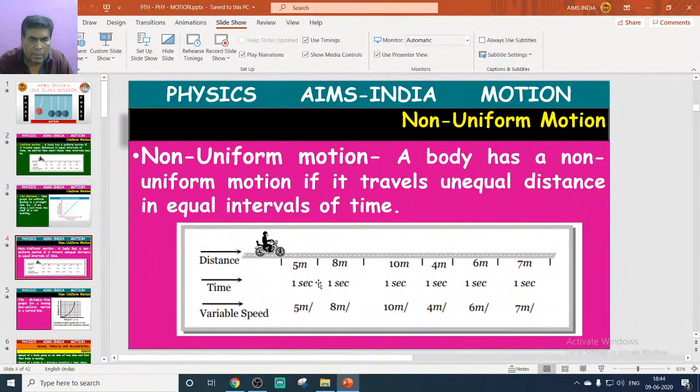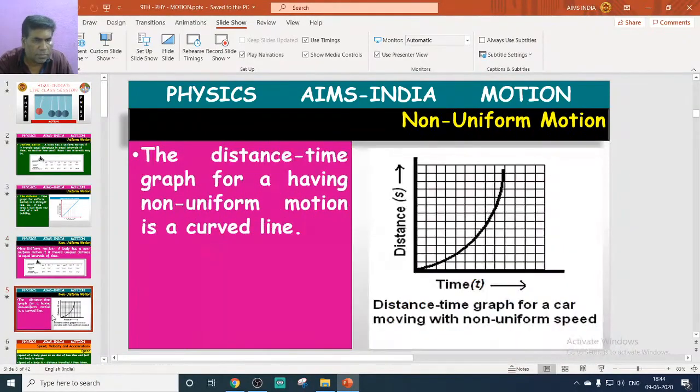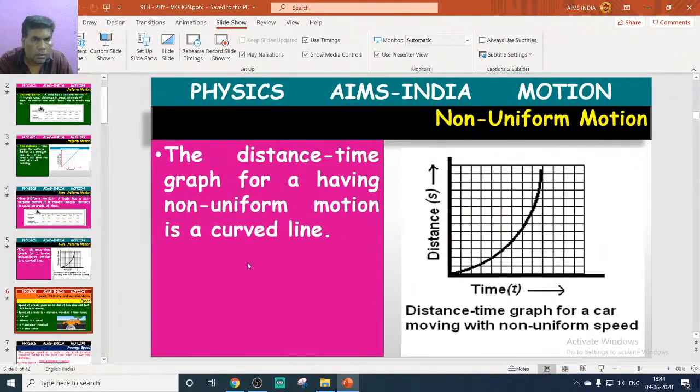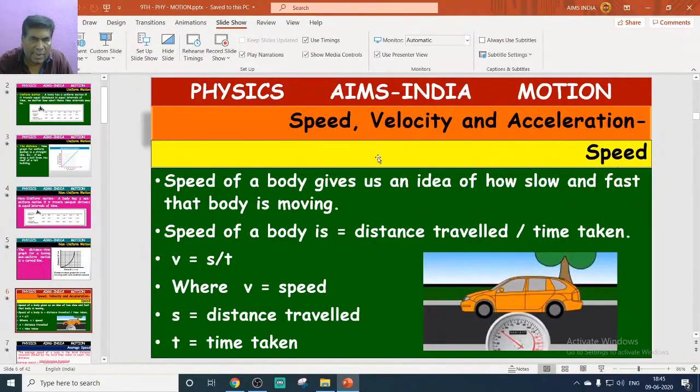Non-uniform motion means covering unequal distances in equal intervals of time, and it is represented by a curved line. Next, speed, velocity, acceleration. Here speed tells us how fast or how slow we are going. Speed formula: distance by time.